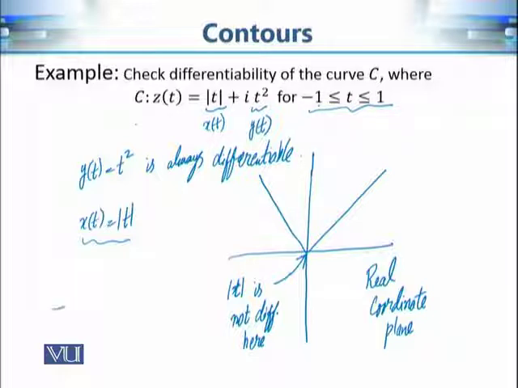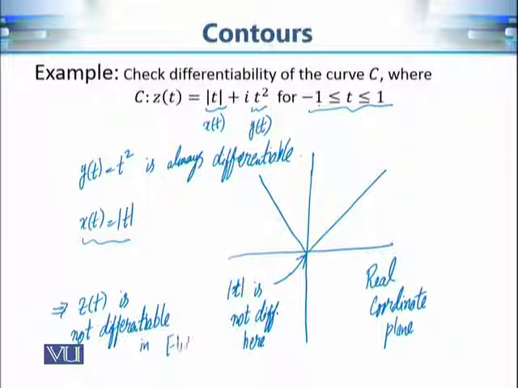So this implies that z(t) is not differentiable in the interval -1 to 1. And of course, if you redefine the interval to exclude the number 0, then you can say that this is a differentiable function.